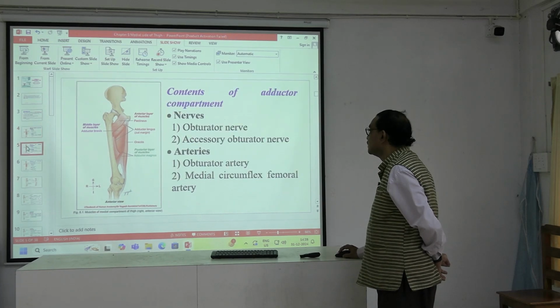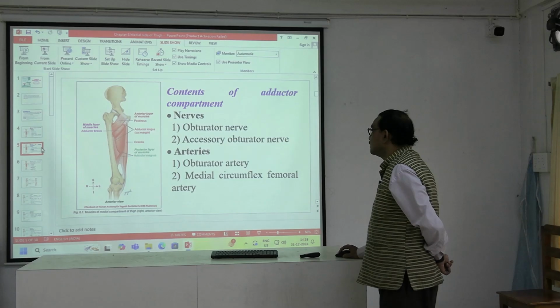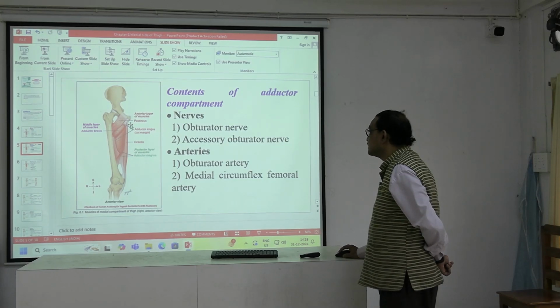Next. You can appreciate the pectineus, then the adductor brevis, which is overlapped by this adductor longus.